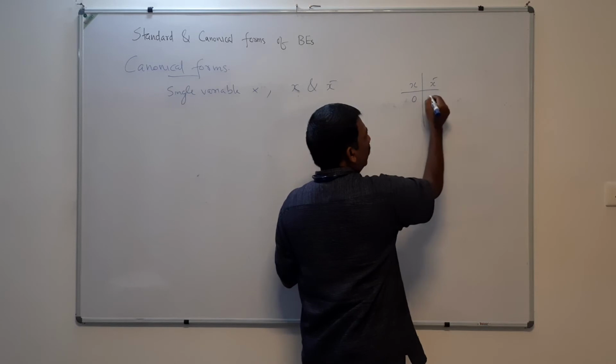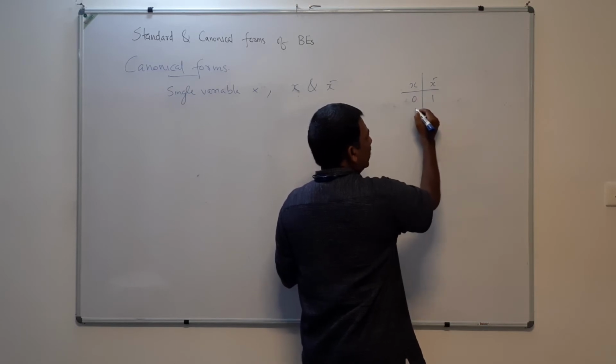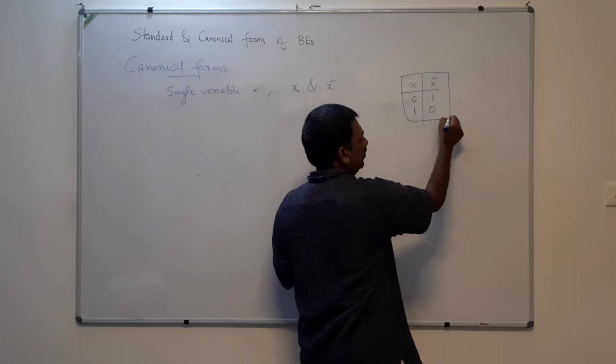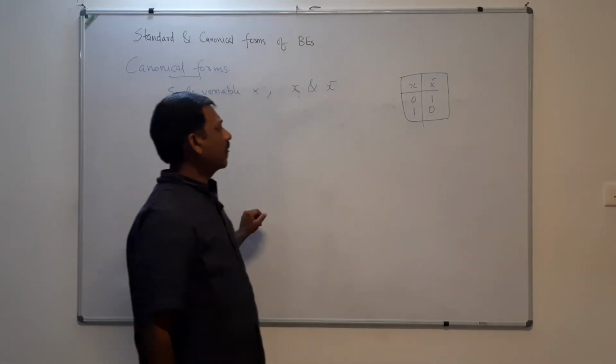If x is 0, x bar is 1, and if x is 1, x bar is 0. This is the truth table for that. That means this is x and x bar.